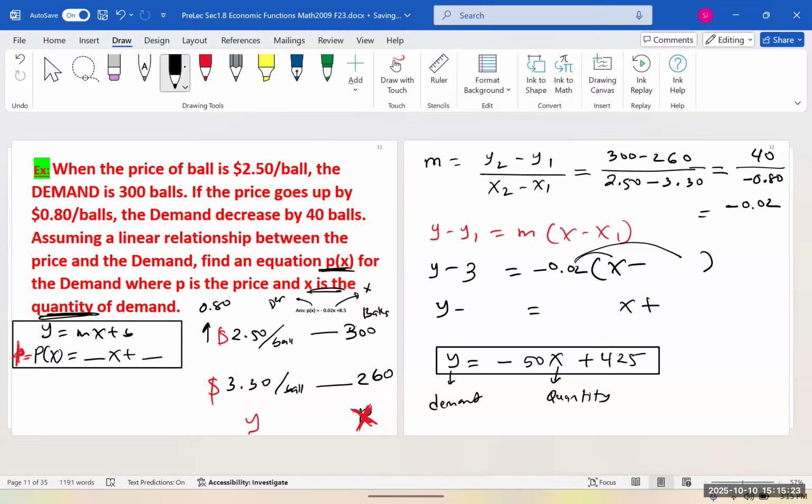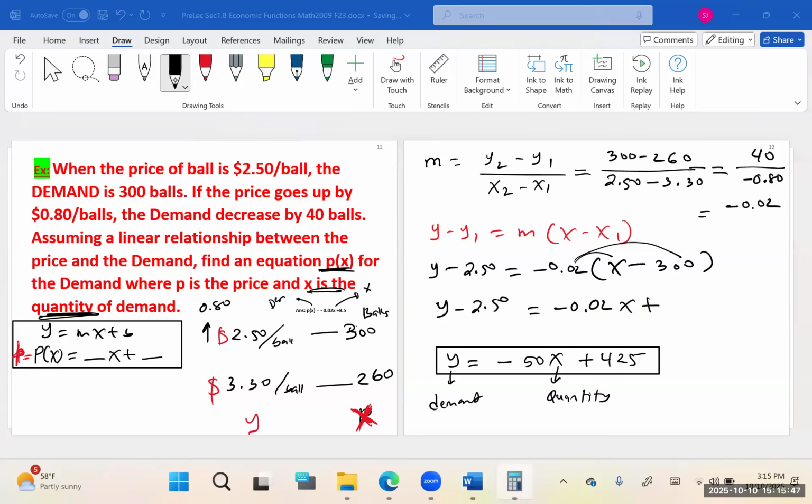So this is 300. No, sorry. This is 250. And this is 300. So negative 0.02 and 2%.